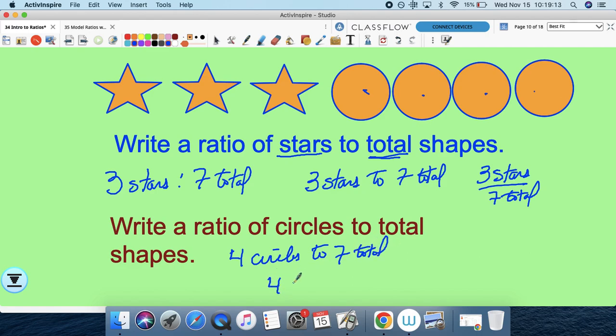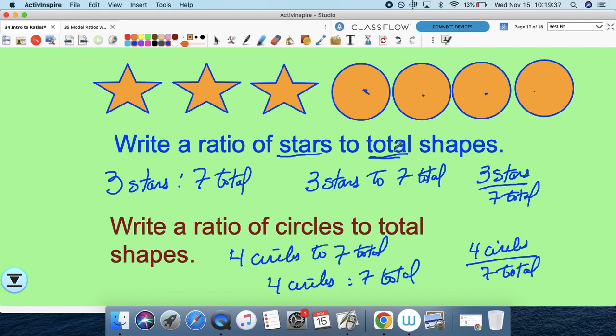Or 4 circles to 7 total. And finally, 4 circles to 7 total. Now that's a part to total relationship. Okay, so that's the idea of ratios.